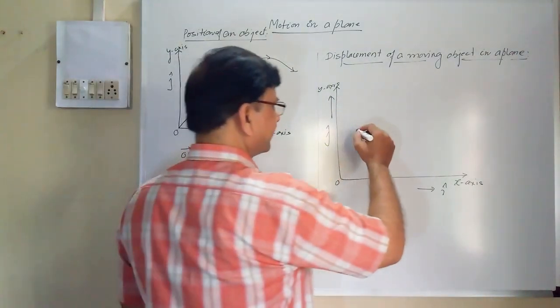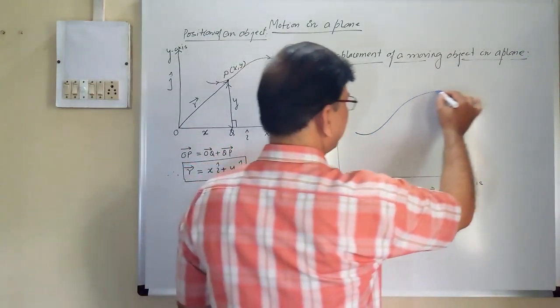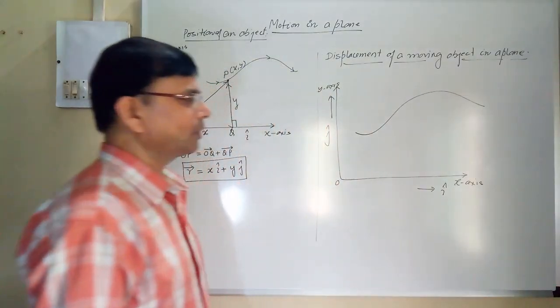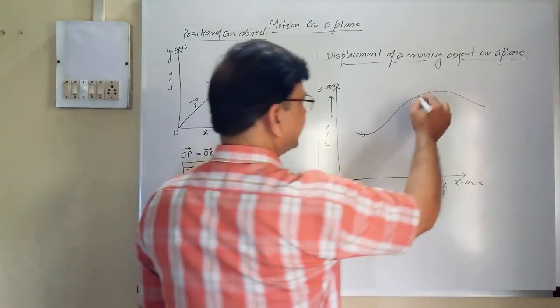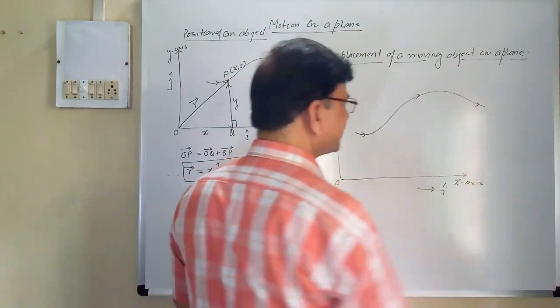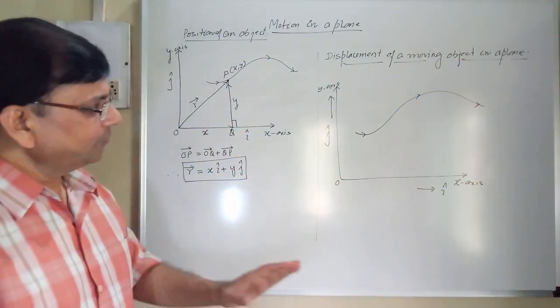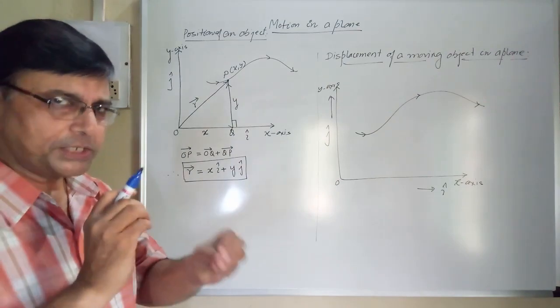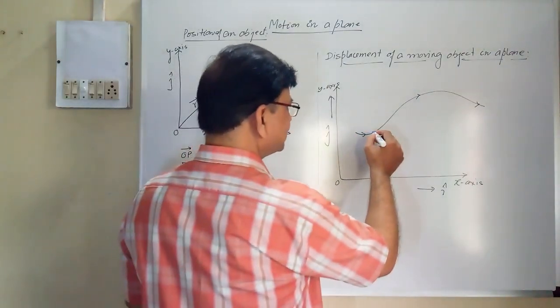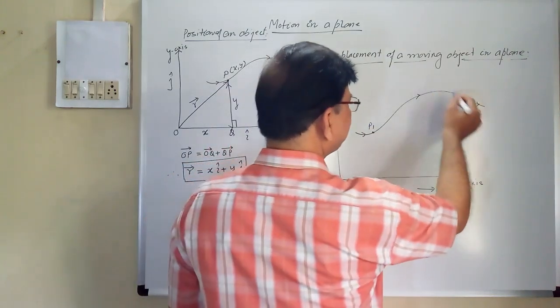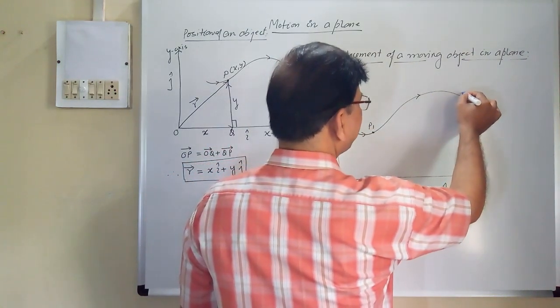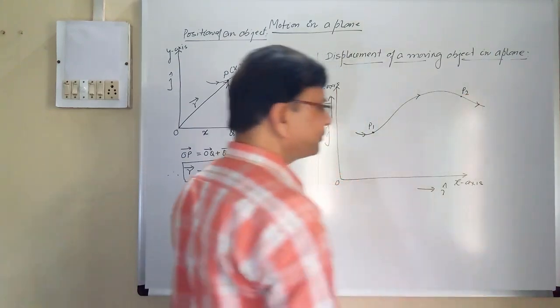And the motion is like this. The object is moving this way in this plane. We will see two positions of the object. Suppose this is one position P1, and then after some time it reaches P2.